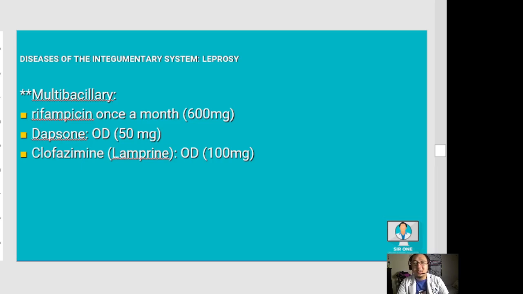Dapsone is the mainstay here, considered to be the most important drug and a permanent drug. For clofazimine, it can irritate the intestinal mucosa. It can have skin changes, especially red pigmentations. And usually multibacillary is really a long therapy, about 12 to 24 months, depending on the reaction, on the effect of the therapy.